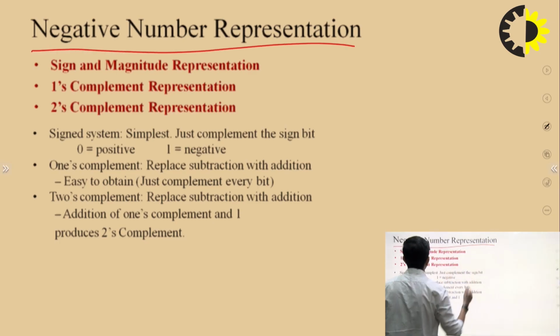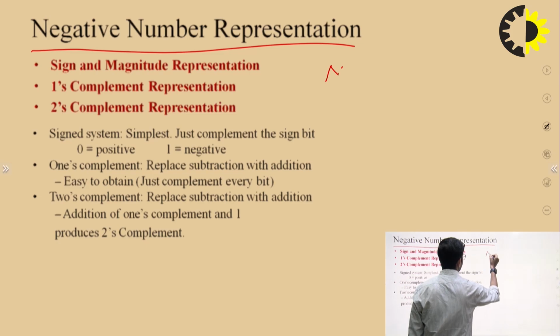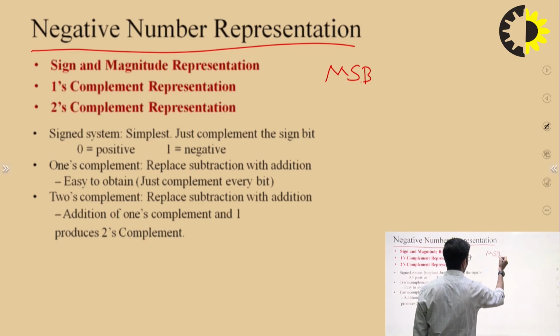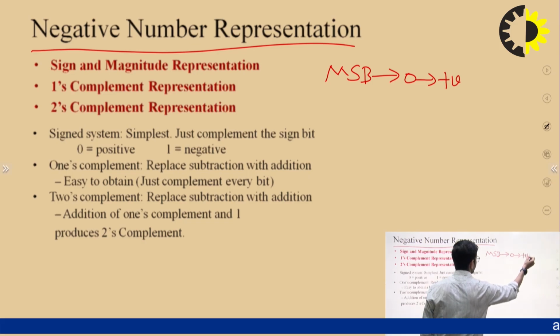Next topic is how we can represent negative numbers using sign and magnitude, 1's complement and 2's complement. For sign magnitude, if the MSB bit is 0, it will represent a positive number.